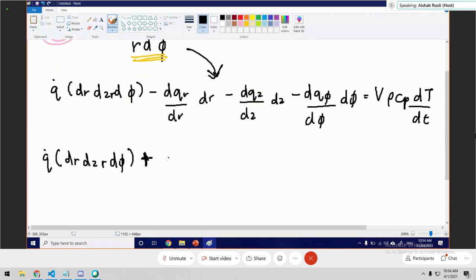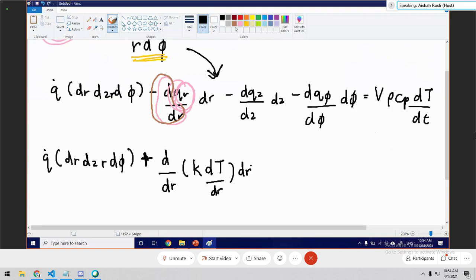So in this case, d over dr, because we are only substituting this. This is still outside, so we bring this outside. So we have k dT over dr, and we have dr because of the dr here, we bring it here.